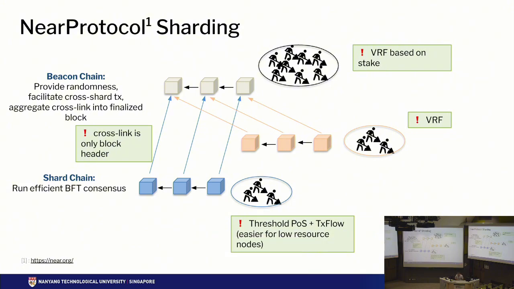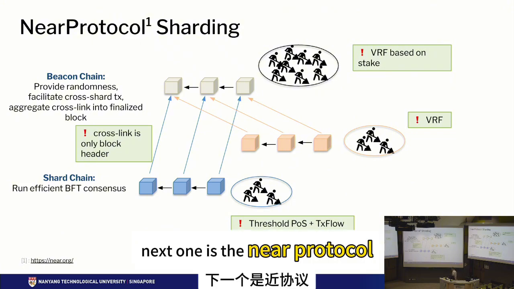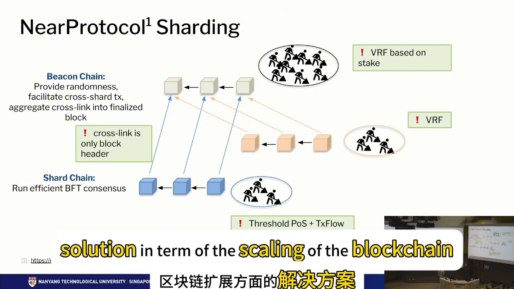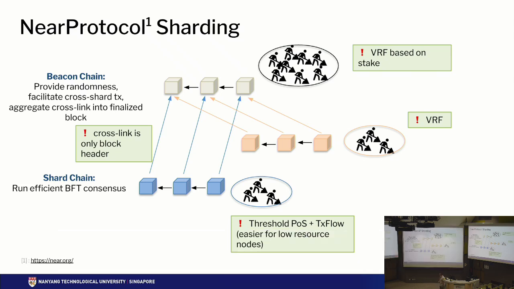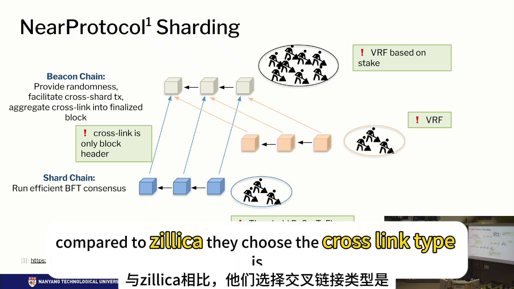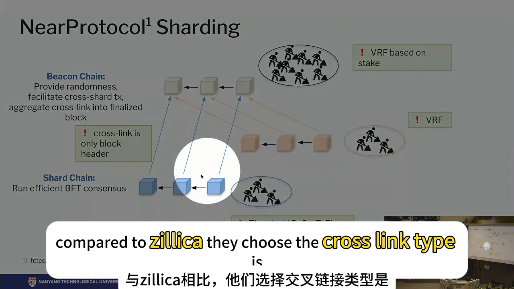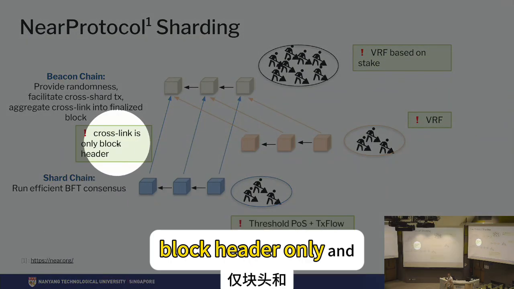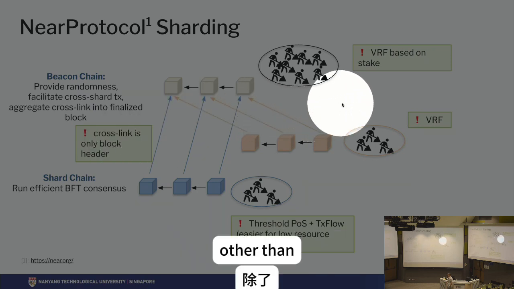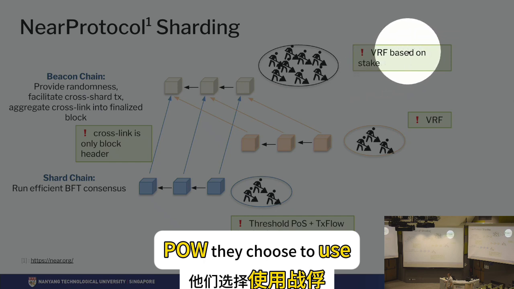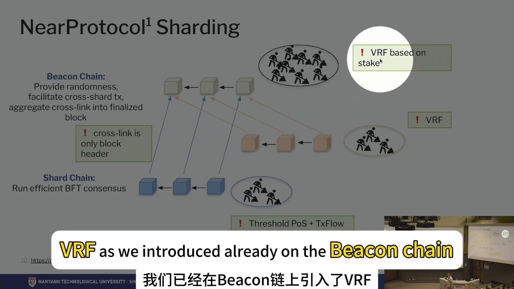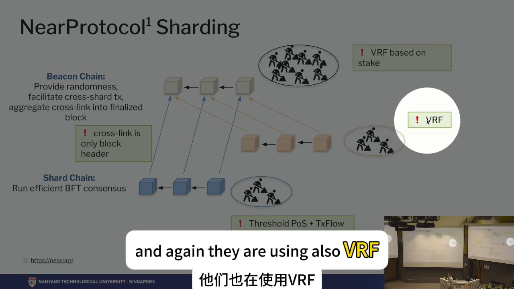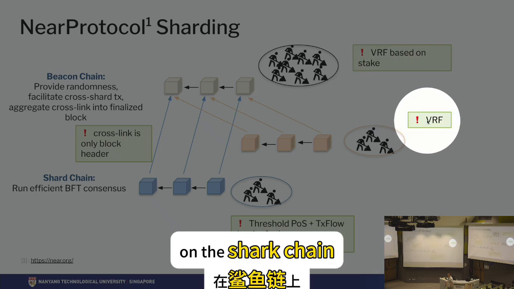Yeah, so the next one is Near Protocol. They are also a sharded solution in terms of scaling the blockchain layer 1. Compared to Zilliqa, they choose the cross-link type to be block header only. And other than POW, they choose to use VRF, as we introduced already, on the beacon chain. And again, they are also using VRF on the shard chain.